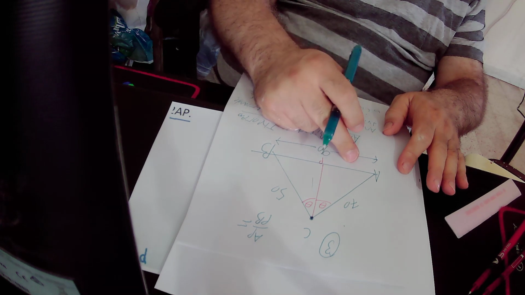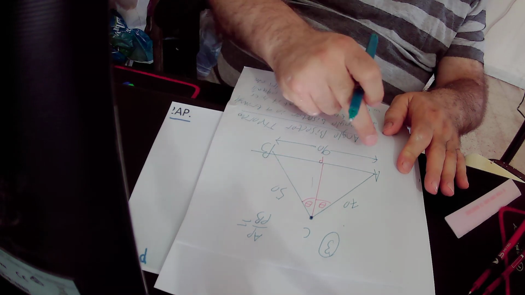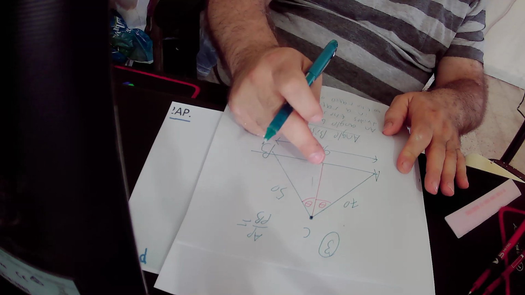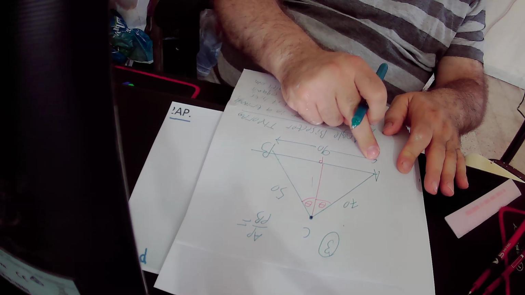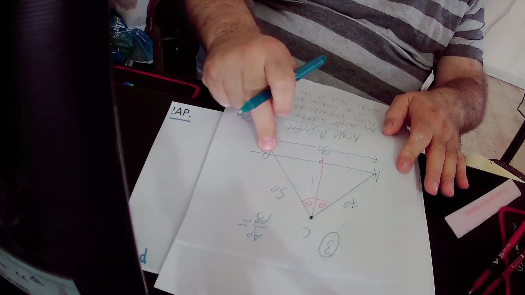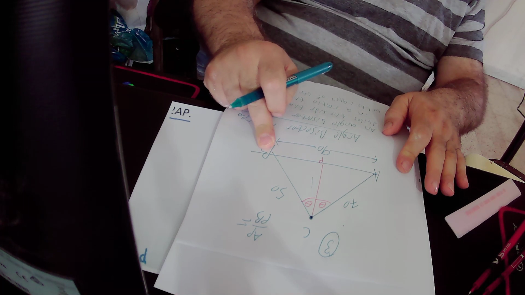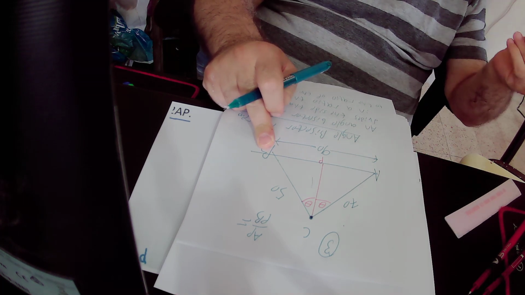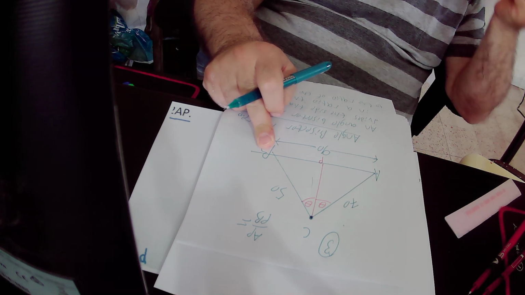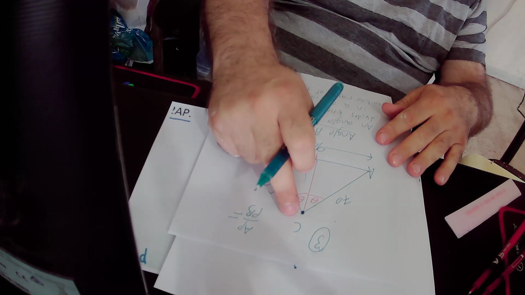We are talking about the angle that is divided into two equal parts, and that angle is angle ACB, which consists of two sides, side AC and side CB.